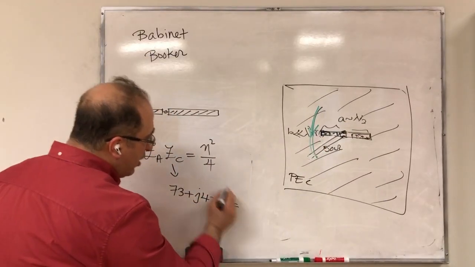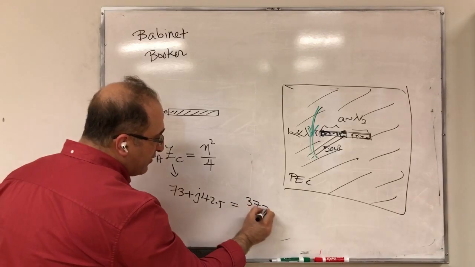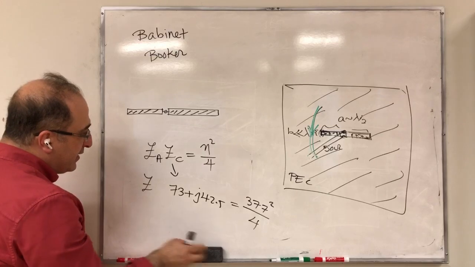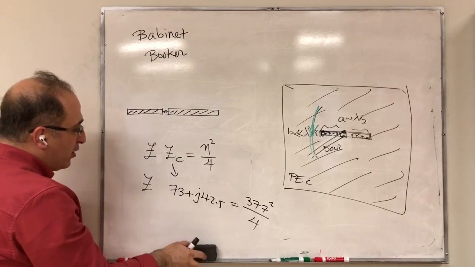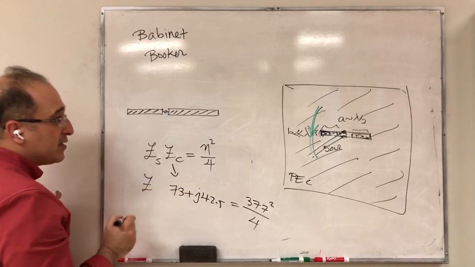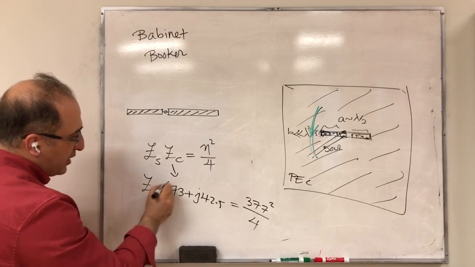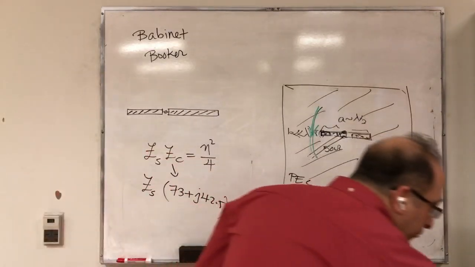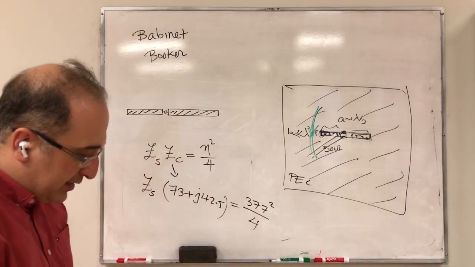And then eta is 377. And then you can find the Z of, maybe I call it S to represent a slot antenna, the Z of a slot antenna.